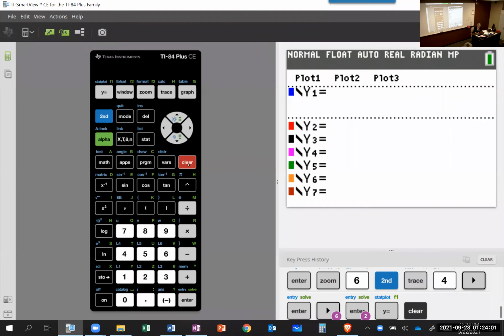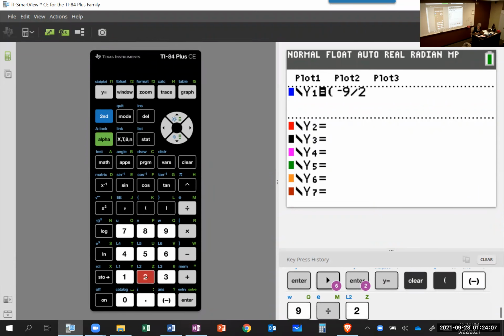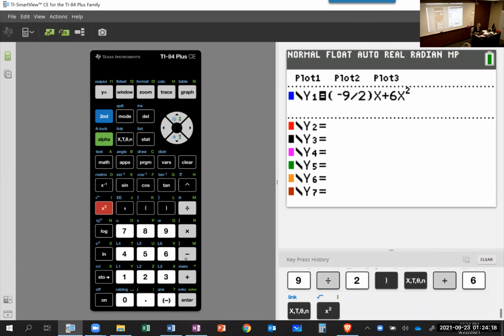So we had -9/2 x plus 6x squared minus 2x cubed.